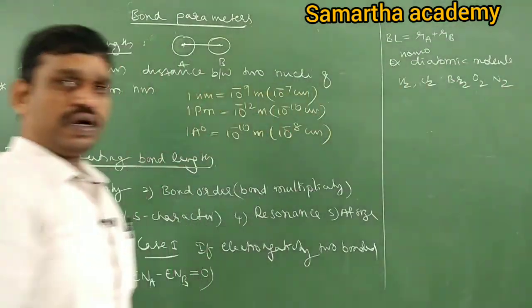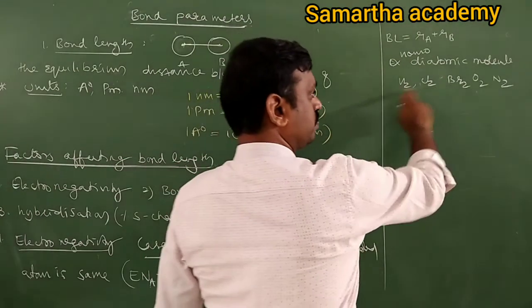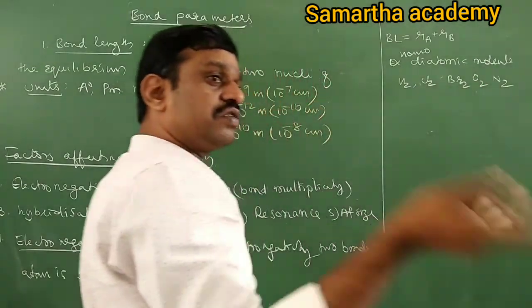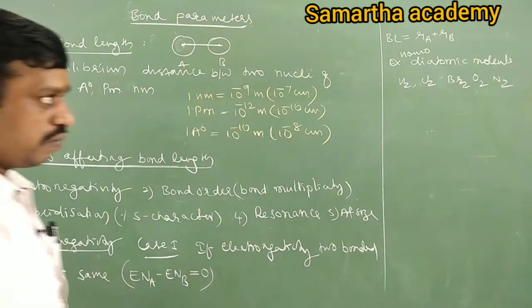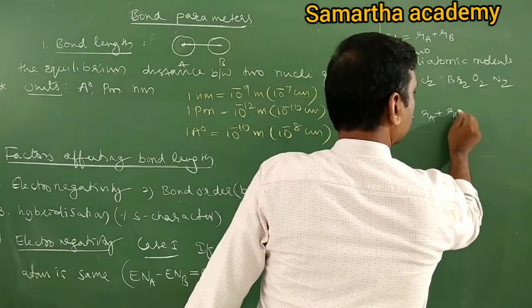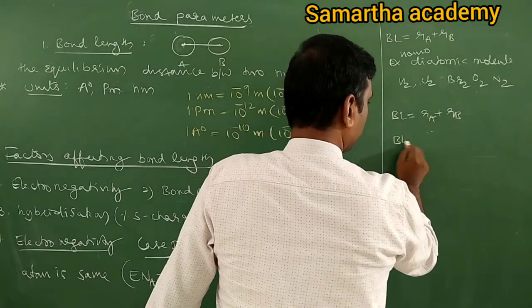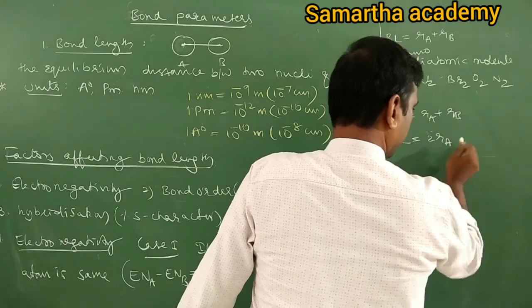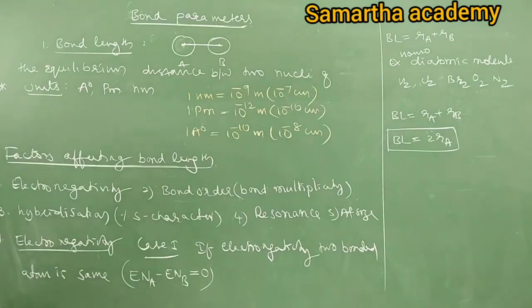They have the same atoms, so obviously their EN is the same and the EN difference is 0. In this case the bond length is RA plus RB, but here the radius of the two atoms is the same. Therefore, bond length is equal to 2 into RA or 2 into RB. This is in homodiatomic molecules, when the EN difference is 0.